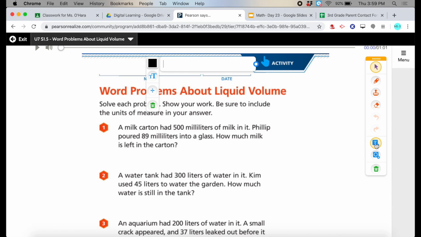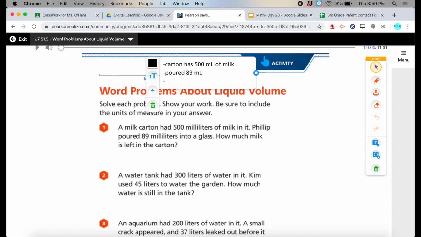So I'm going to use my text box and type my rules. So a milk carton has 500, and I remember milliliters can be abbreviated to mL of milk. Then Philip poured 89 milliliters into a glass. So poured 89 milliliters.